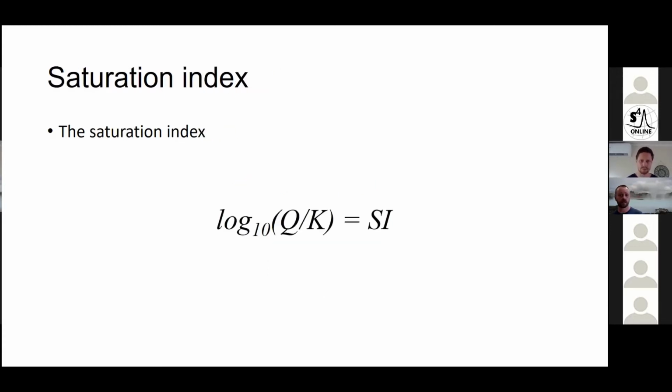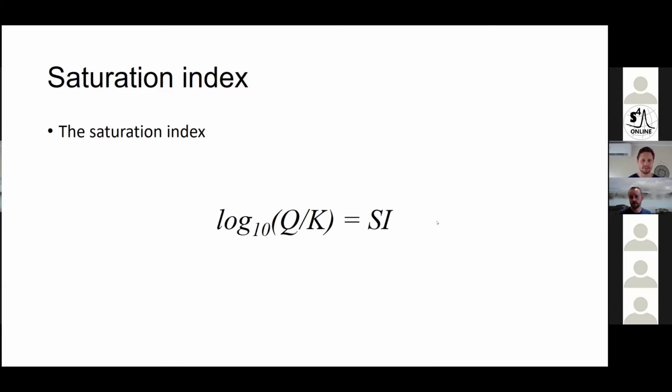Now, this is where the saturation index comes from. So the saturation index is merely the ratio of the reaction quotient to the equilibrium constant, expressed in log 10. So when you get an SI value of 0, that means you're at equilibrium.